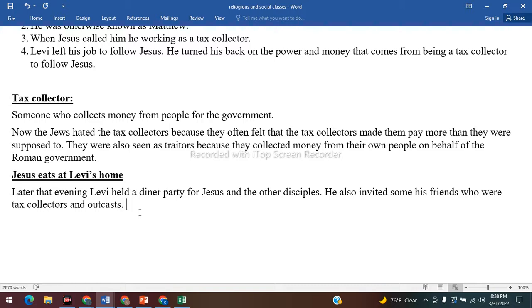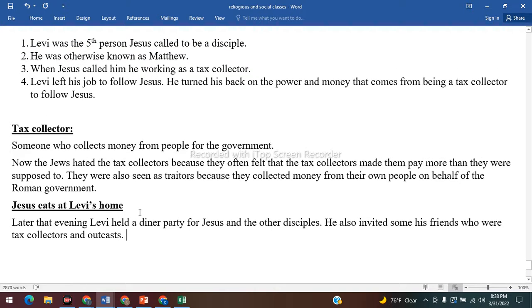But Jesus told them that he came to bring the message to everyone, not only a certain group of people. And I think that's the same message for us. We shouldn't only think about one class of people, but everyone is deserving of love and care and attention. So I'll leave it at that.